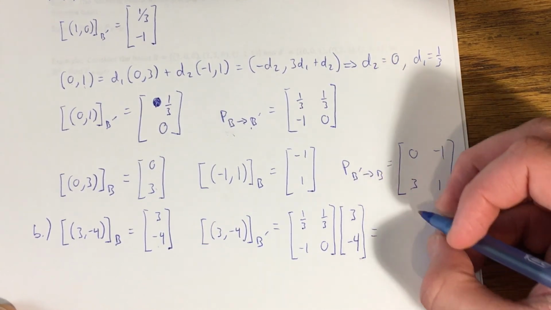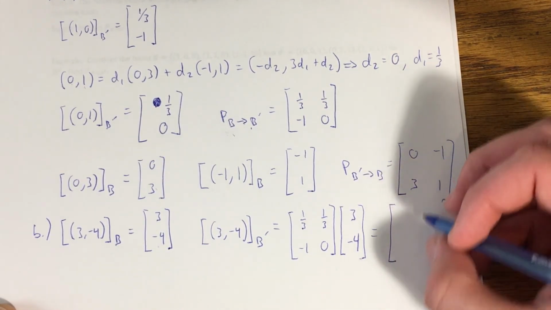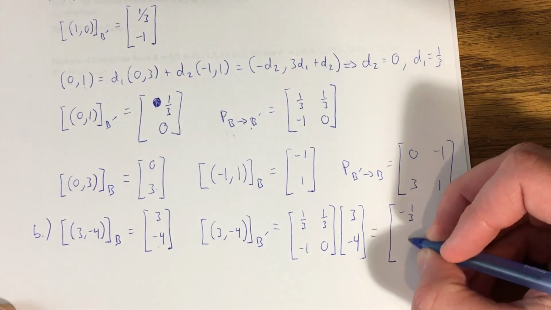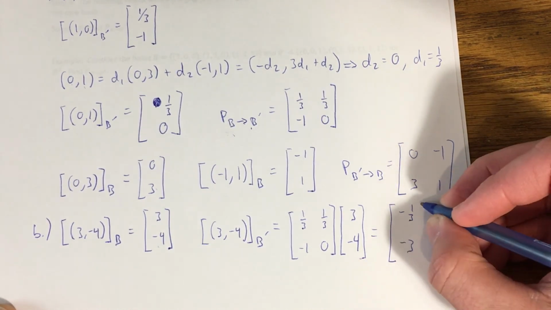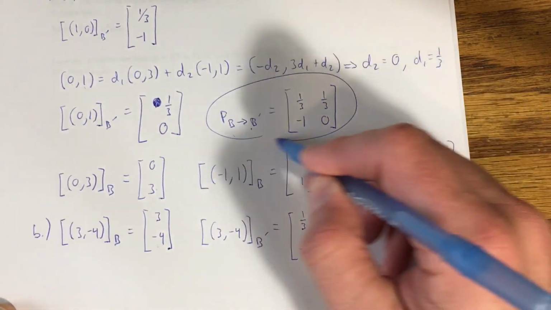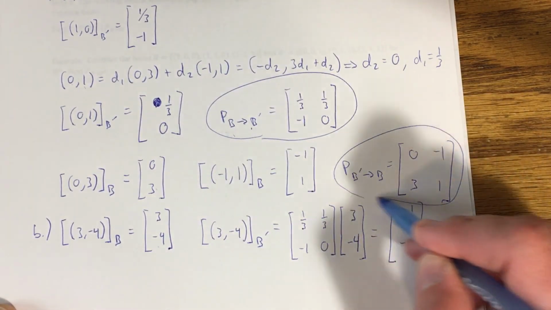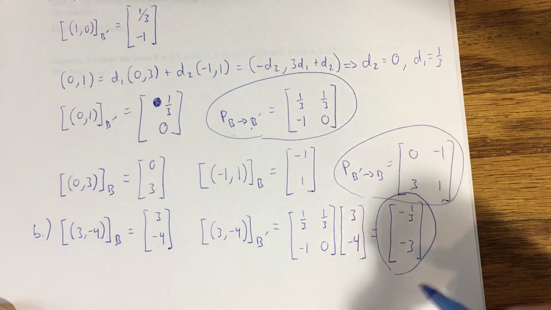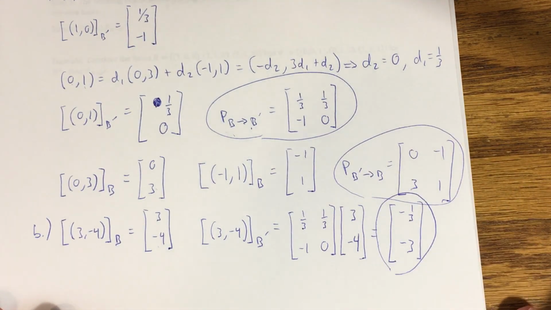And if you carry out that matrix multiplication, what you end up with is negative 1/3, negative 3. Okay? So these are the things that we were asked to look for. There are both transition matrices, and here is the vector that we were asked to find relative to B prime.